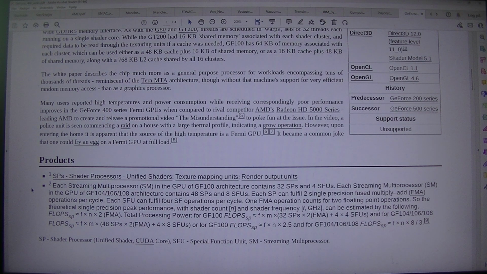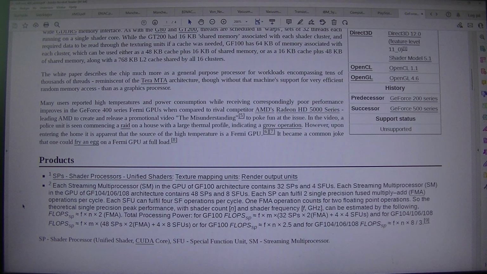Total processing power: for GF100, FLOPS SP approximately equal to F times (32 SPs times 2 FMA plus 4 SFUs times 4), and for GF104/106/108, FLOPS SP approximately equal to F times (48 SPs times 2 FMA plus 8 SFUs times 4), or for GF100, FLOPS SP approximately equal to F times N times 2.5, and for GF104/106/108, FLOPS SP approximately equal to F times N times 8/3. 9.